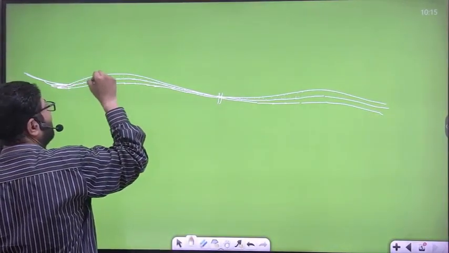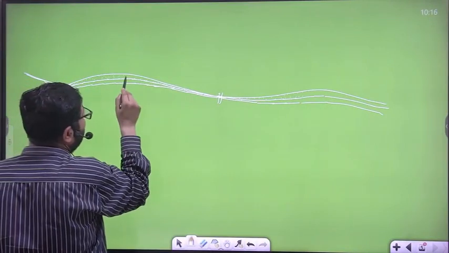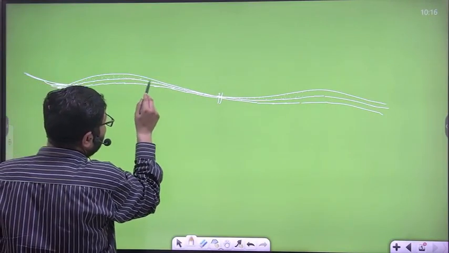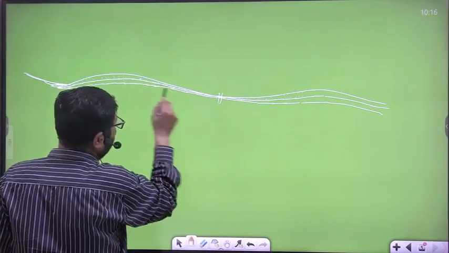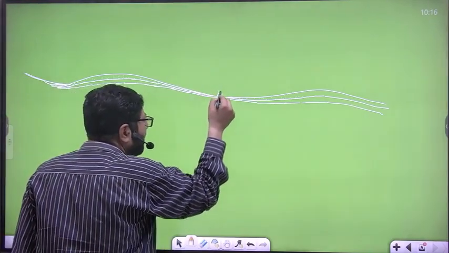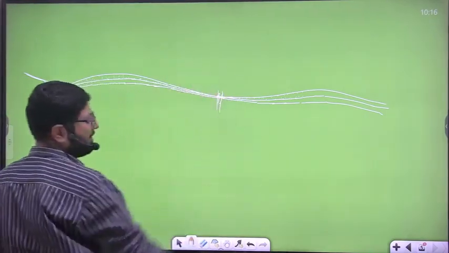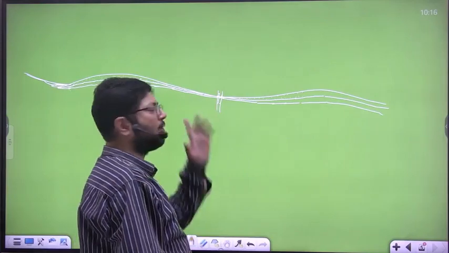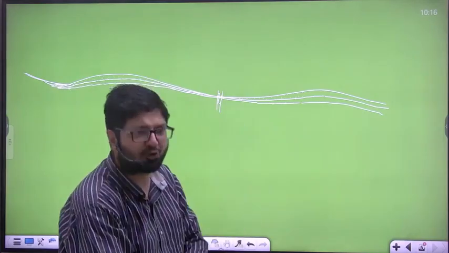After getting weathered, this sediment is sliding down to the river valley, and this river water will merely carry away this sediment. अगर ये river ना हो ना तो landform evolution will stop.